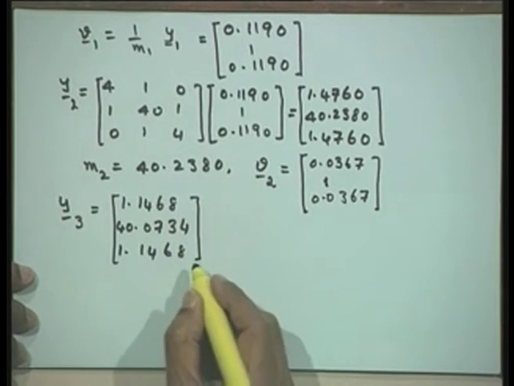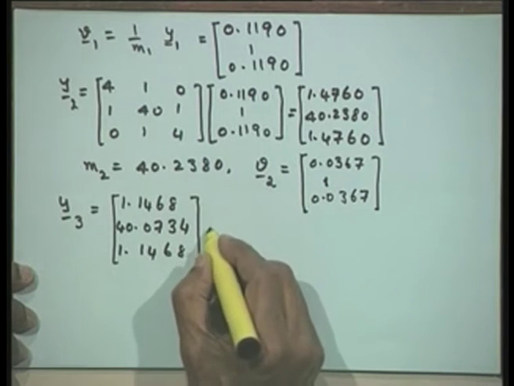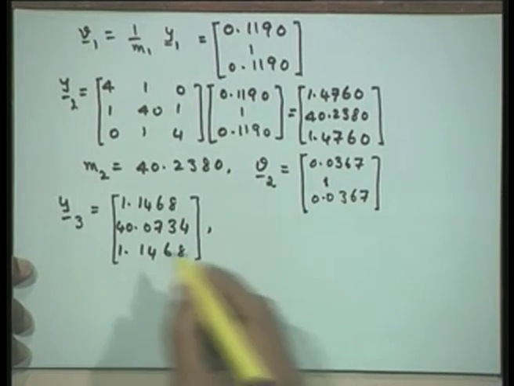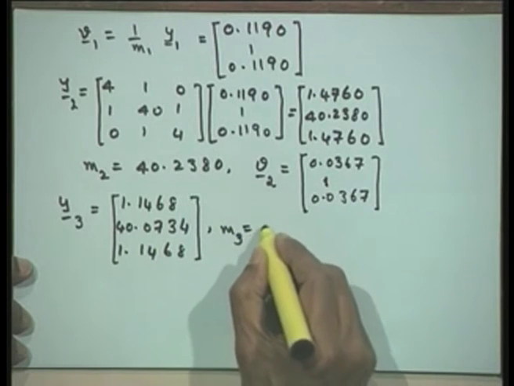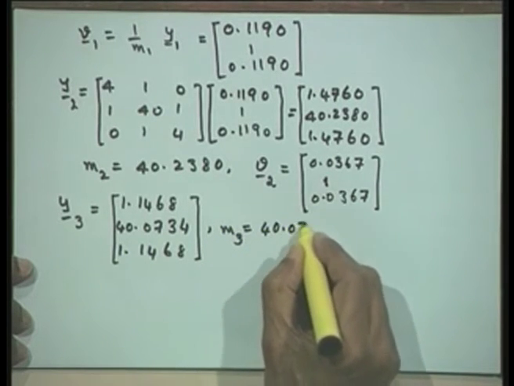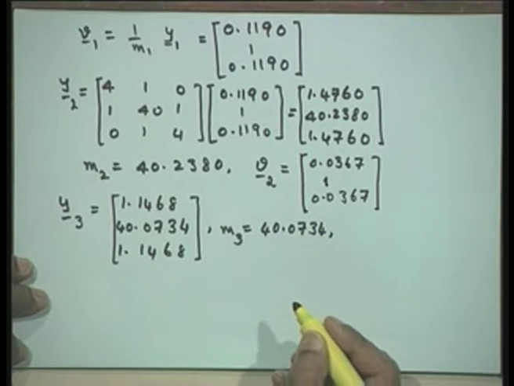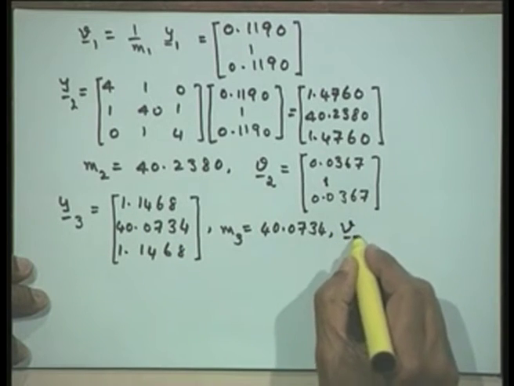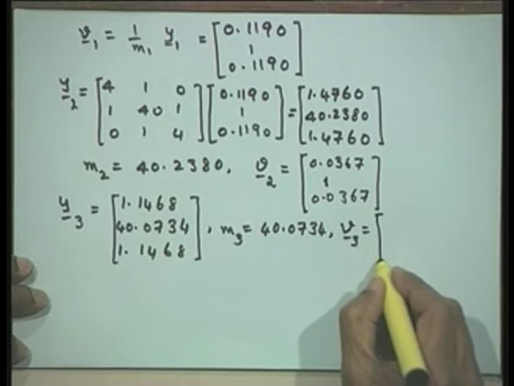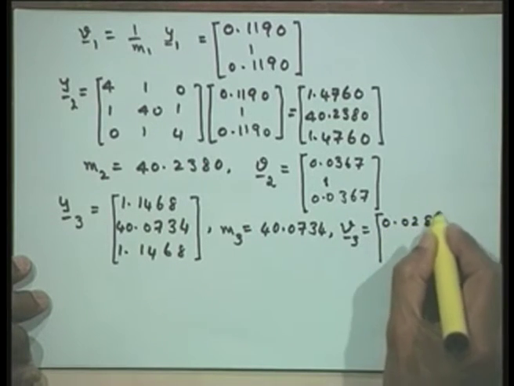This is what I would get by multiplying this particular vector with A. Now, again I find the largest element in magnitude is this one, that is m 3 is 40.0734. Division by this element would give me the next vector V 3, and that gives me 0.0286.